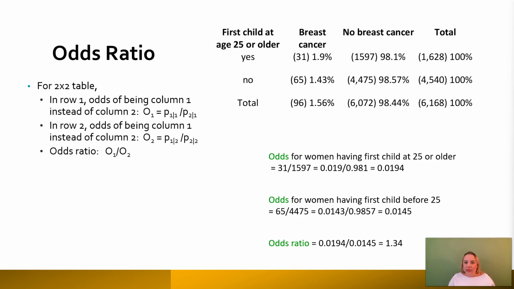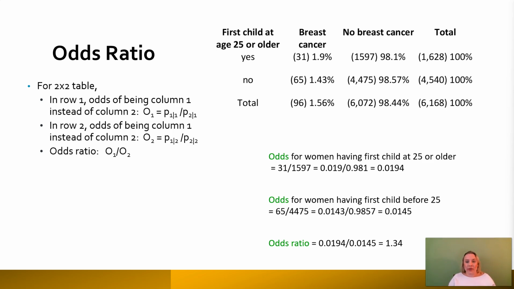Going back to our breast cancer data, the odds of a woman having her first child at 25 or older and having breast cancer is found by taking the number of women who have had their first child at 25 or older and have had breast cancer, and that number is going to be 31, divided by the number of women who have had a baby at 25 or older but didn't have breast cancer, which was 1,597.